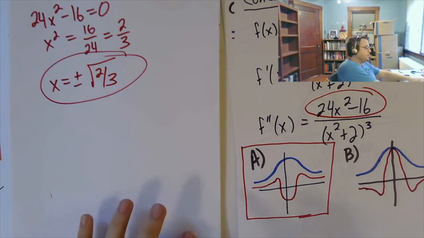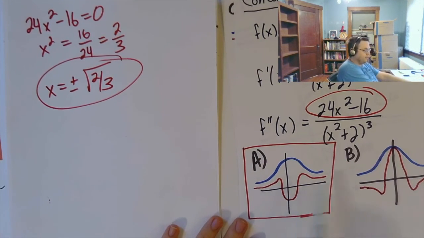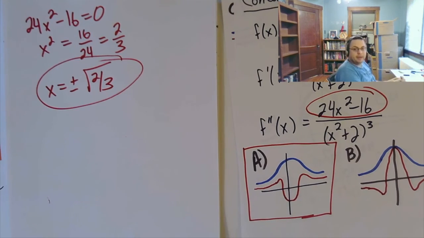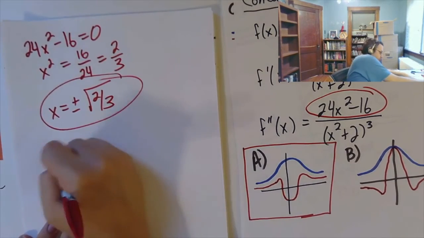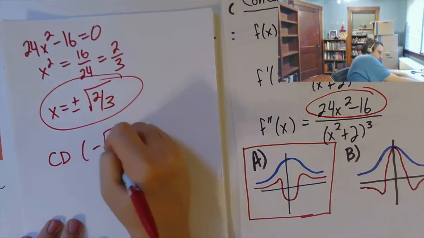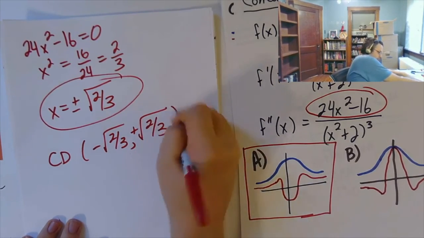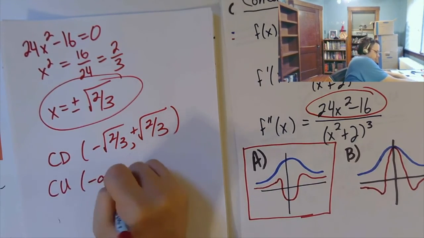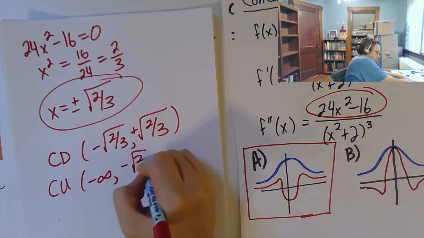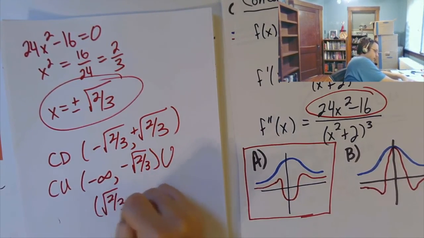And so since we know from the graph that it's concave up on the sides and concave down in the middle, then it's concave down from minus root 2 over 3 to plus root 2 over 3, and concave up on minus infinity to minus root 2 over 3, and on root 2 over 3 to infinity.